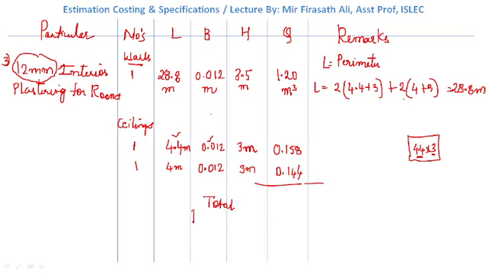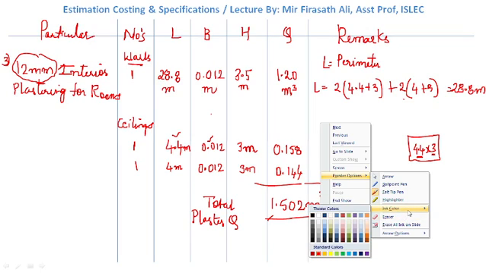Total plastering quantity is, add this 1.20 plus 0.158 plus 0.144. It is 1.502 meter cube.